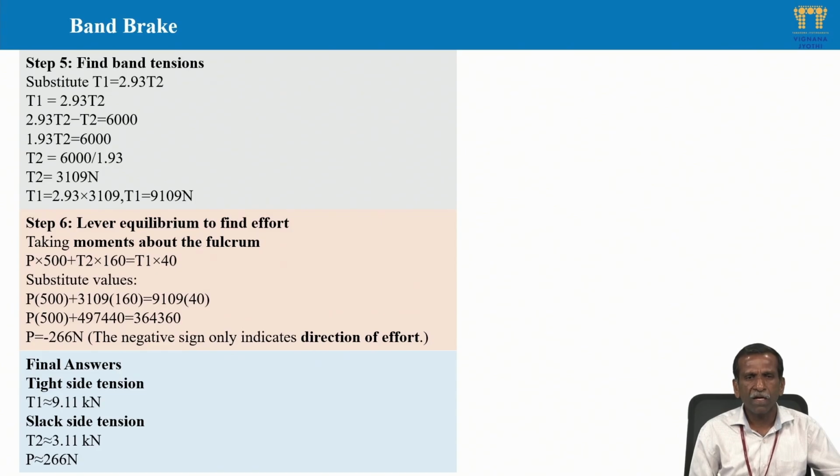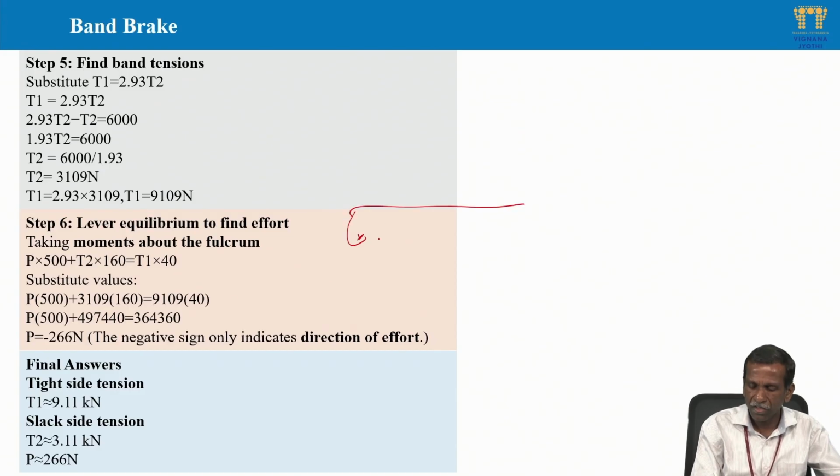Now to find effort, the second part of the problem. Let us take lever equilibrium to find effort, taking moments about the fulcrum. So this total 500 is given. Here the band is attached like this to the drum.